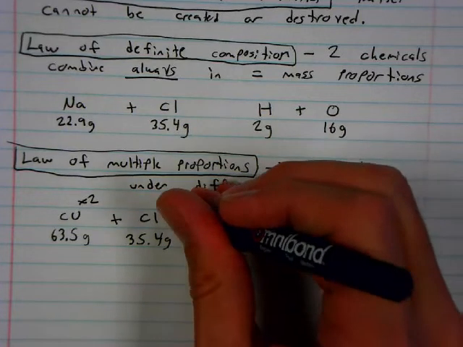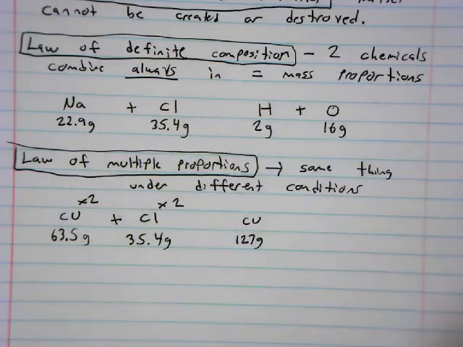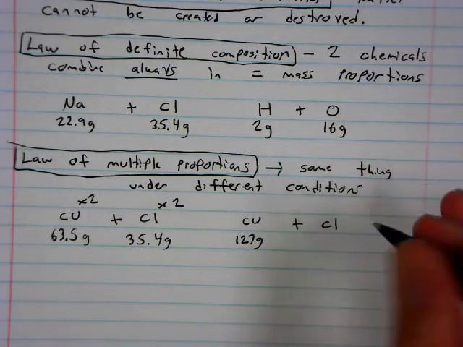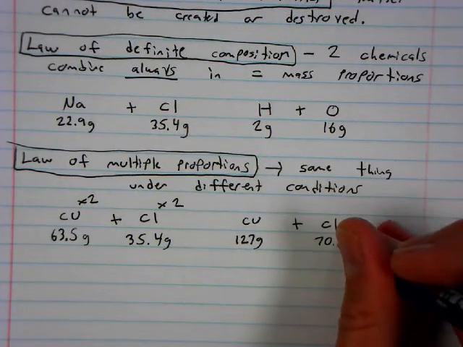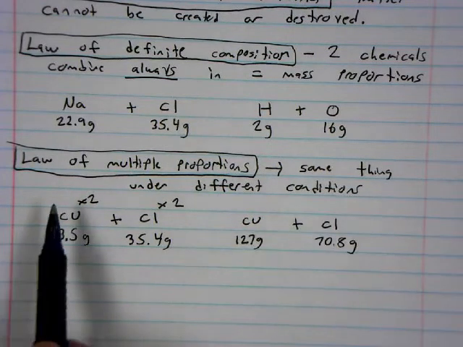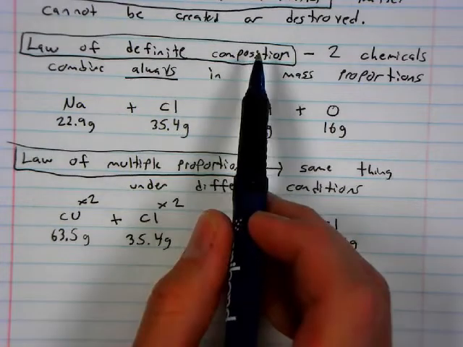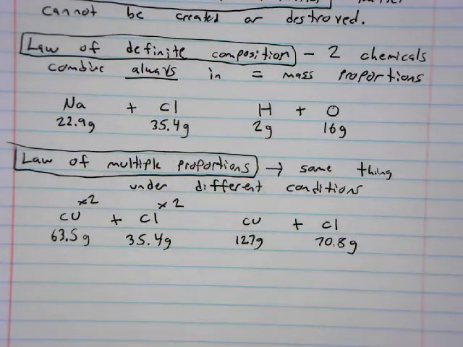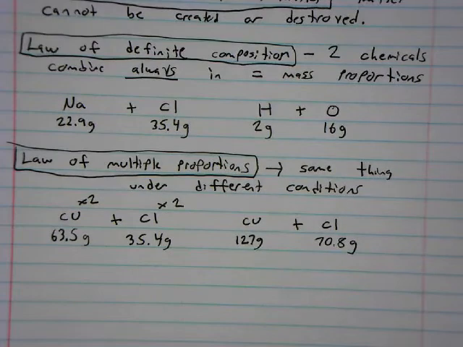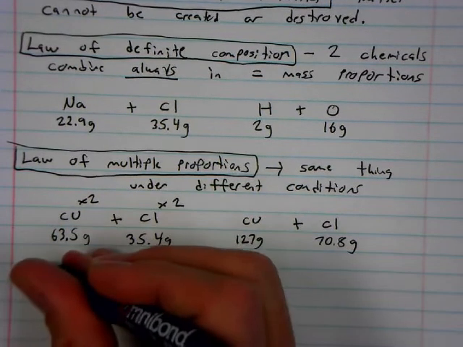If I'm multiplying that copper by 2, I also have to multiply my chlorine by 2. So now my chlorine has to be 70.8 grams. So I'm keeping my proportions the same. My composition stays the same, my proportion stays the same. It's kind of the same thing, both, but I just wanted to write that out there.